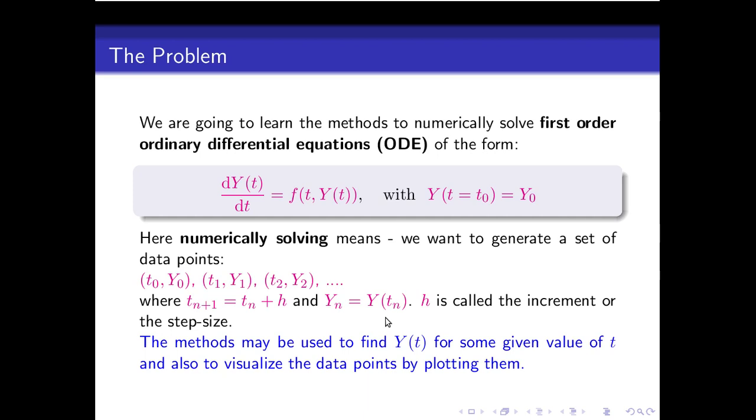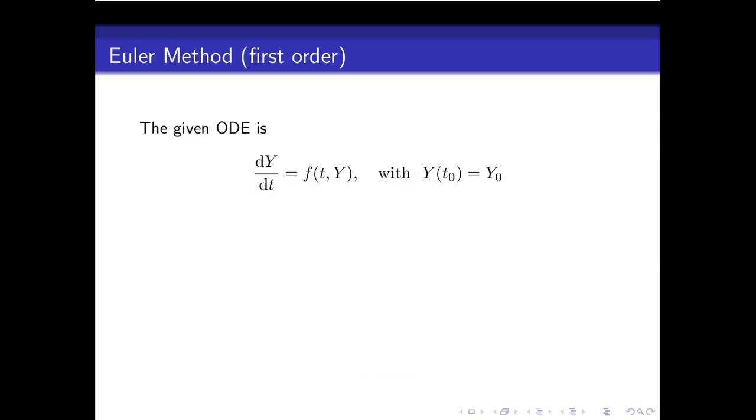and now we are going to look at the ways of solving this numerically. So first, the simplest method, this is called first order method. Why first order? That will be clear in a while.